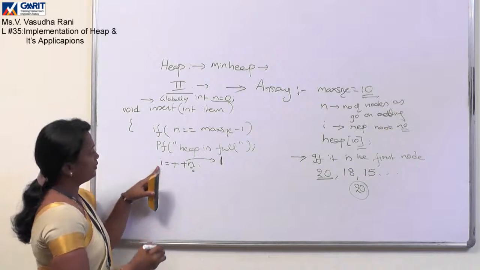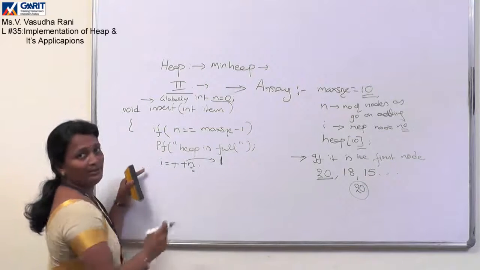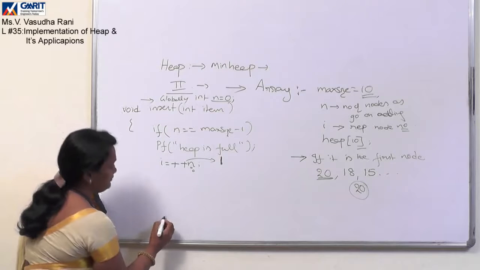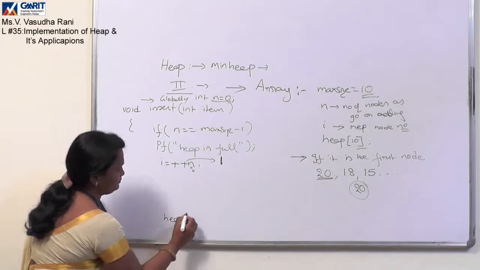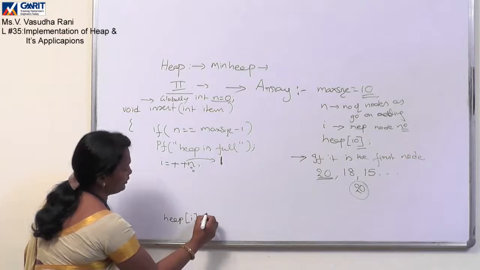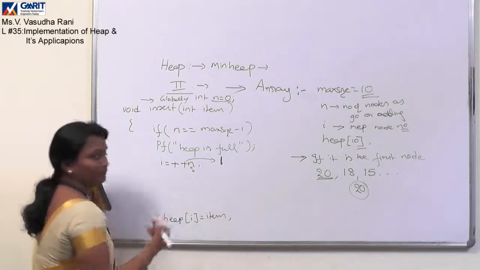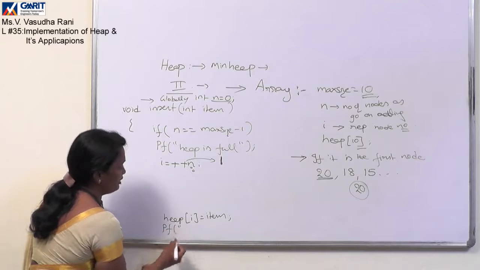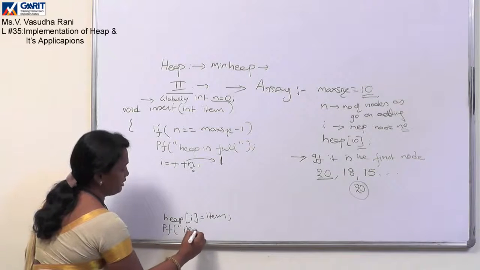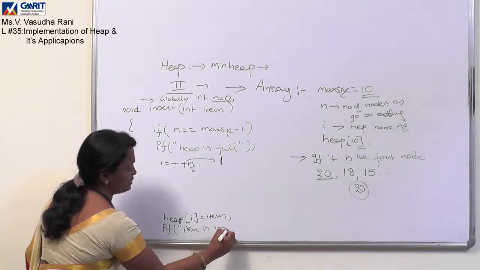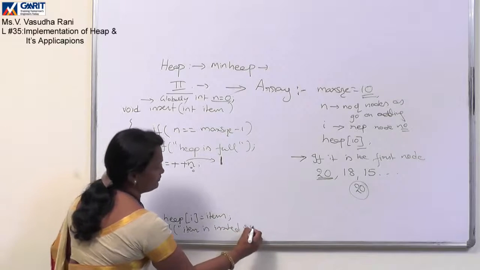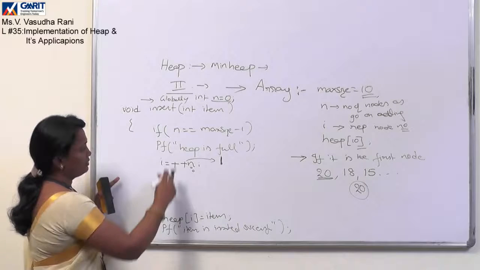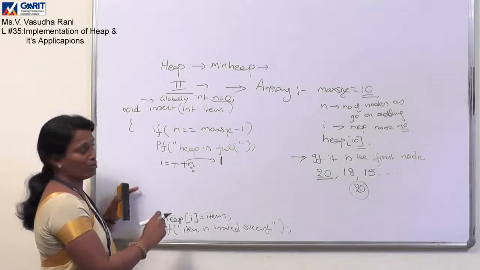So into heap of i we have to place 20. If it is the first time you are calling the insert method, heap of i equals simply that item, and we can print that the item is inserted successfully. This is the case for the first node.